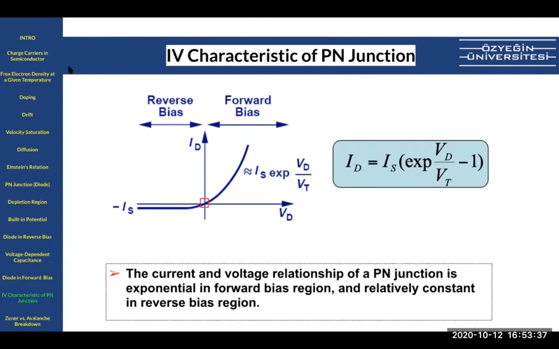The current is not linear, but exponential like this, and eventually it saturates at some point. The reason it saturates is velocity saturation, as we explained in the slides.